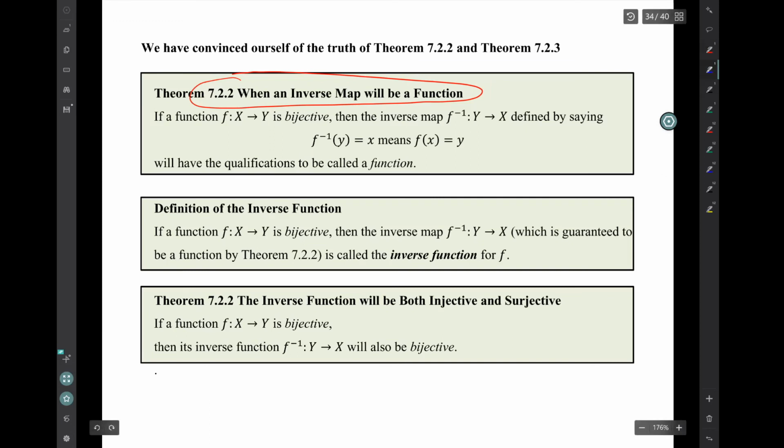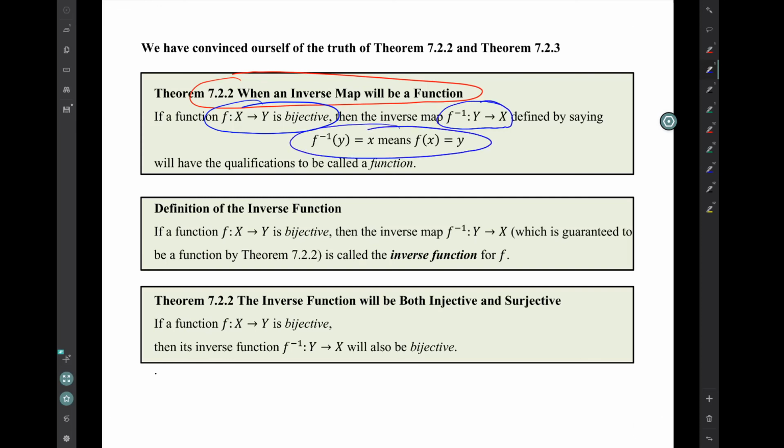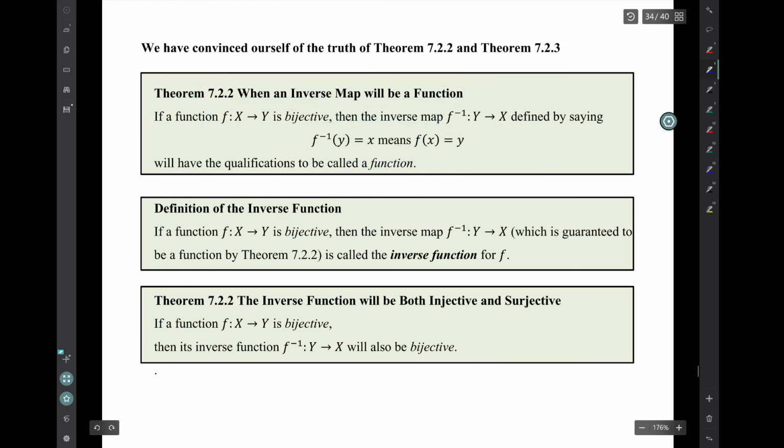If the original function f is bijective, that is injective and surjective, or 1 to 1 and onto, then the inverse map, defined this way, will have the qualifications to be called a function. And in that case, we call this inverse map the inverse function for the function f. So there's always an inverse map, but it isn't always a function.